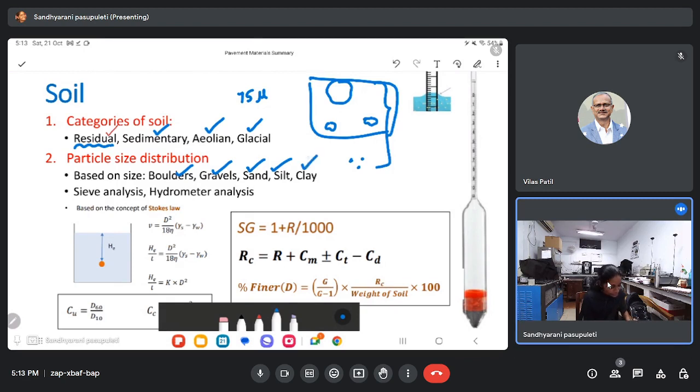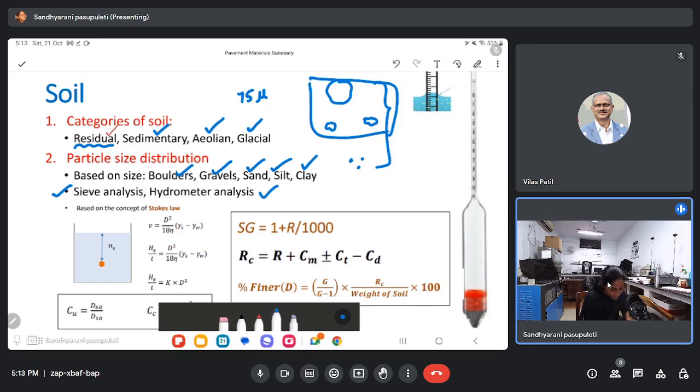Clay is one of that kind of soil. That is the reason why, using sieve analysis, we cannot determine or classify the particle size of these soils. Thereby, for those soil particles whose size is less than 75 micron, we perform not sieve analysis but hydrometer analysis.